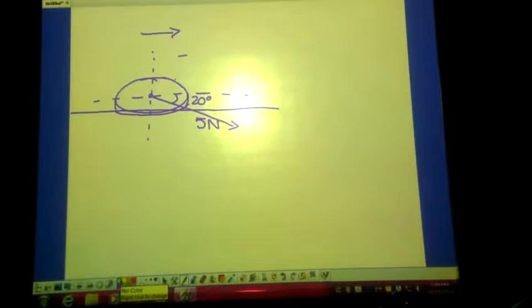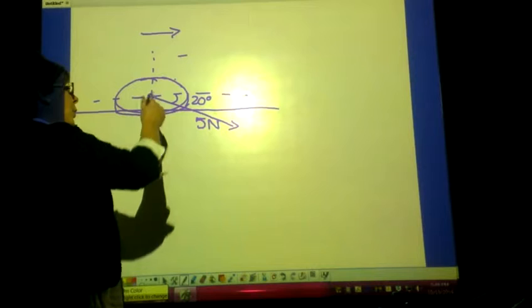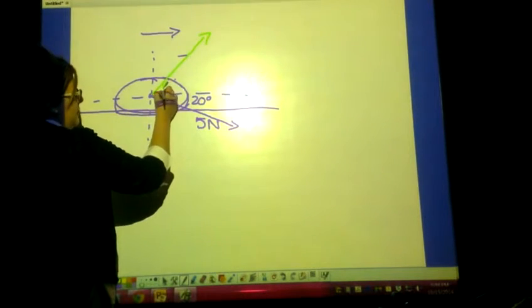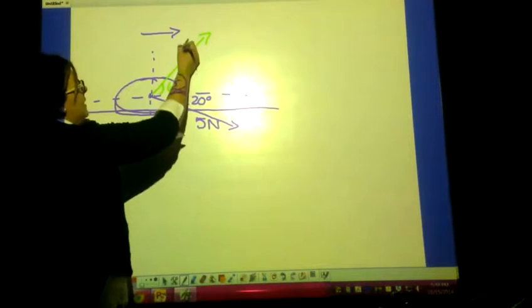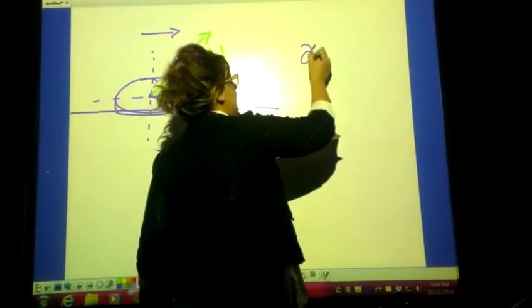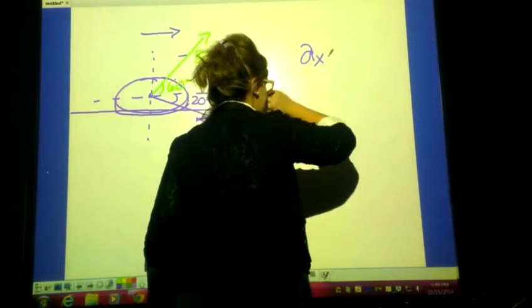My other vector, F2, was 8 newtons and 60 degrees above the horizontal. So that would be 60, and that one was 8 newtons. My goal was to determine both the magnitude and direction of acceleration.